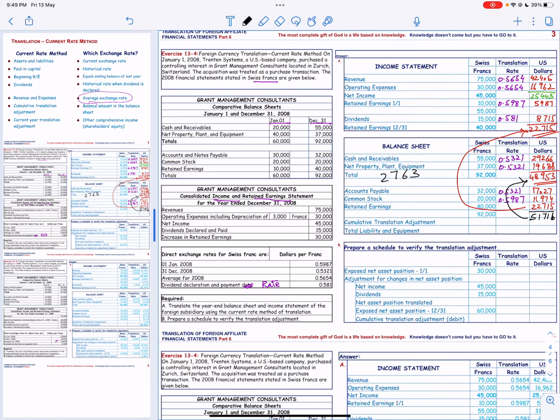So we have to make the adjustment, and the adjustment will be under the cumulative translation adjustment, 2,763. This is a loss, and now the assets and liabilities and stockholder equity are equal, 48,953.